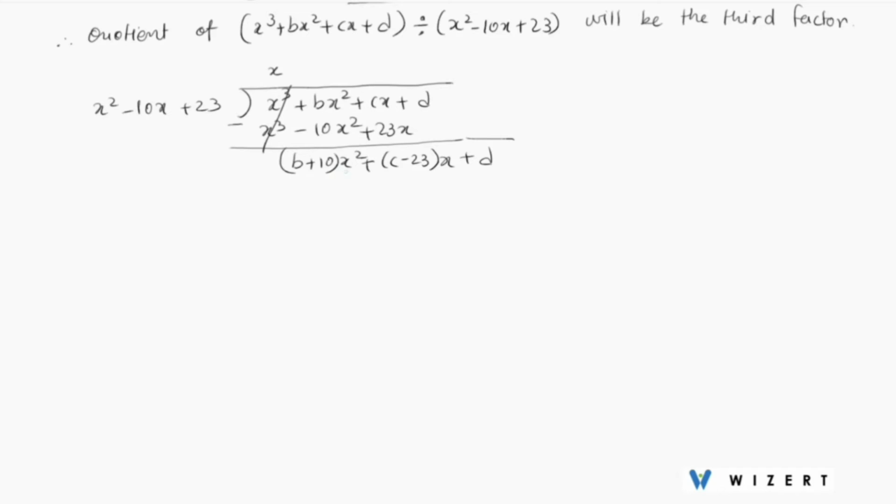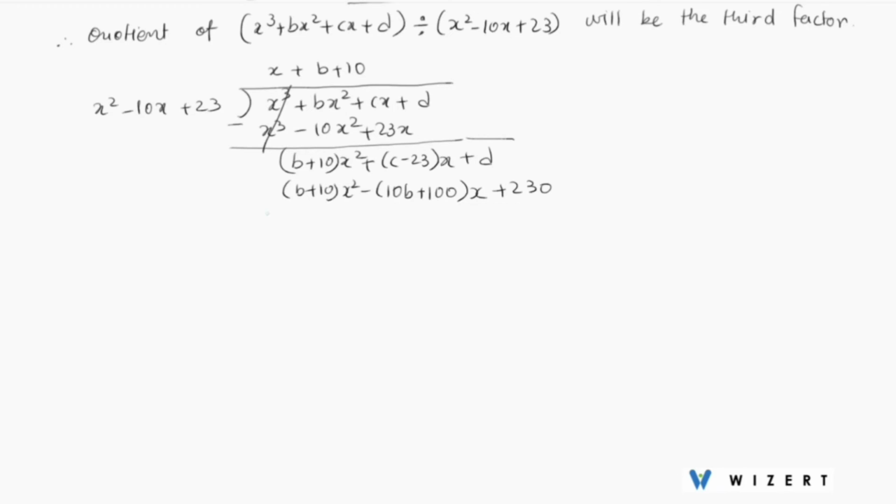Now to eliminate x square term, we'll have to multiply this entire divisor with plus b plus 10. So that will be b plus 10 multiplied by x square is b plus 10 x square plus, now this is minus because this is minus 10 multiplying, so minus 10b plus 100 x and plus 230.